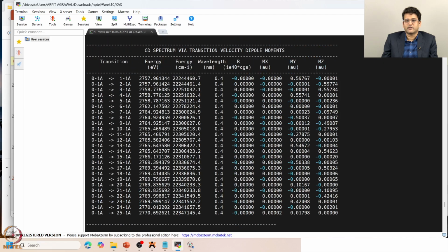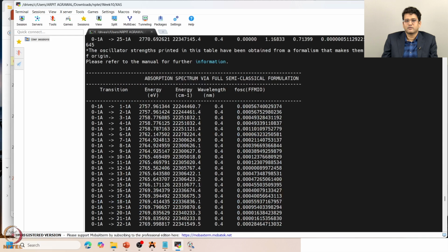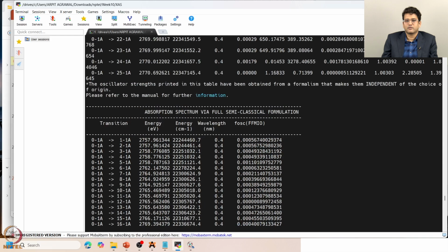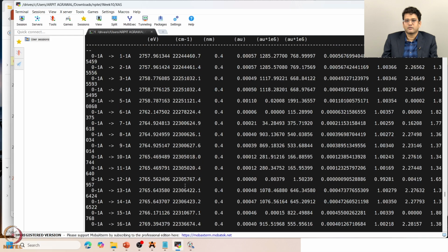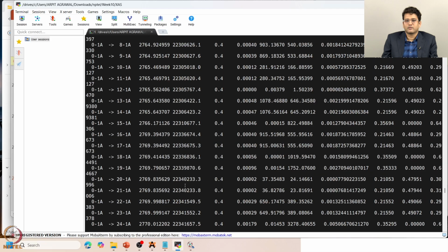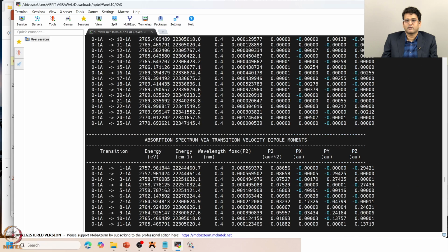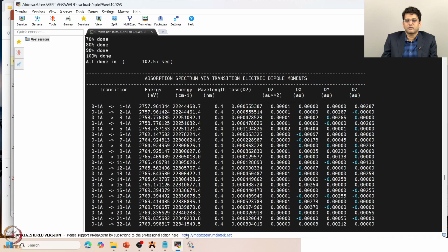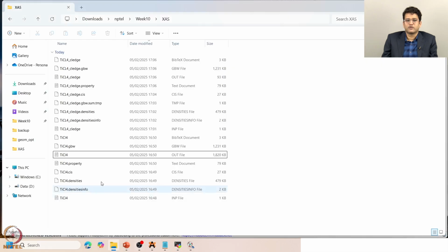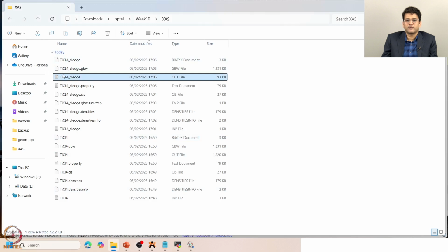So, the calculation is done. I can of course plot this one using ChemCraft.